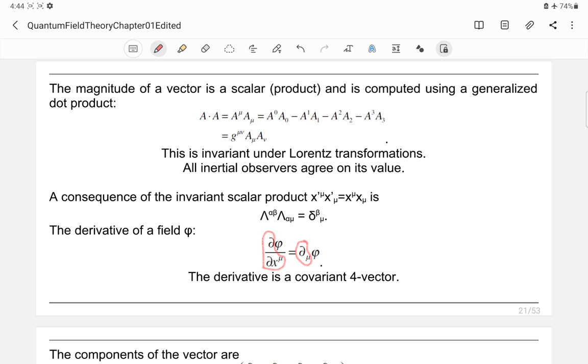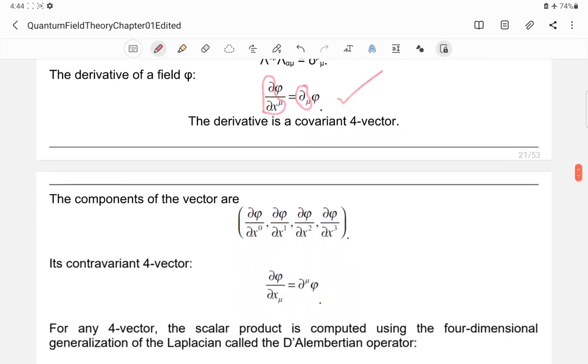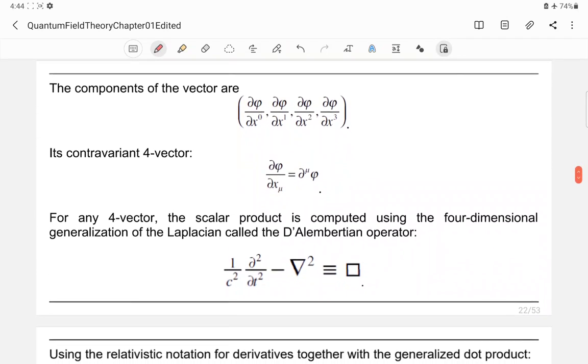The derivative is a covariant 4-vector. The components of the vector are this one. The contravariant 4-vector would be this one here, the contravariant derivative.